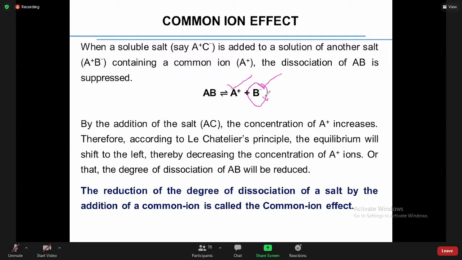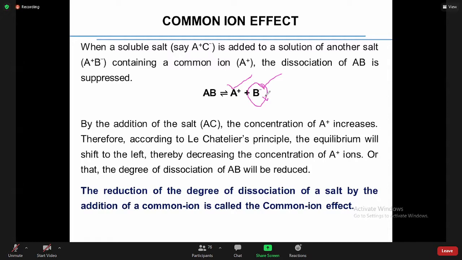For example, if we give one practical example, you are dissolving sugar in water, right? In a small amount of water, what happens in the very beginning? The sugar will be dissociated readily, immediately.